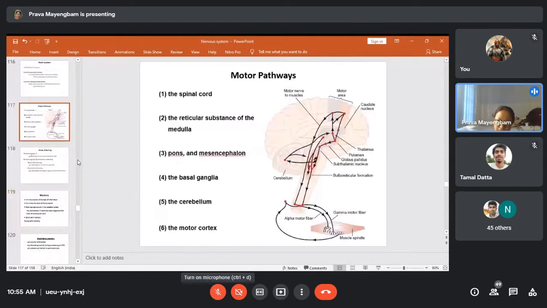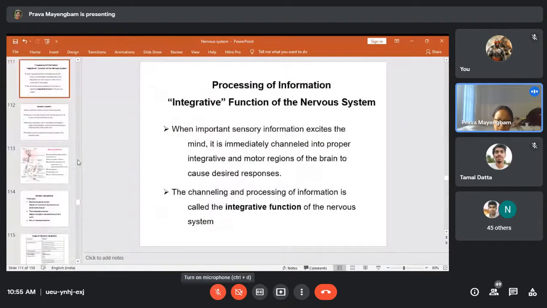You have to read, otherwise it will be difficult. The main function of the nervous system is to integrate all these activities of the sensory pathway and the motor pathway. That process of integrative activity is the main function of the nervous system.